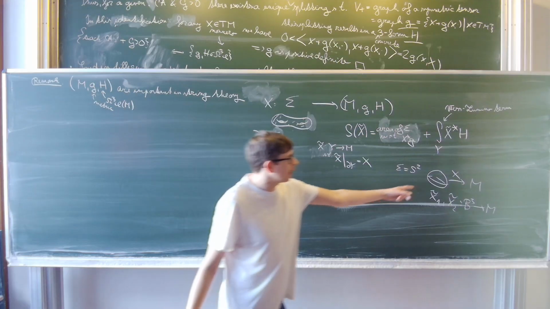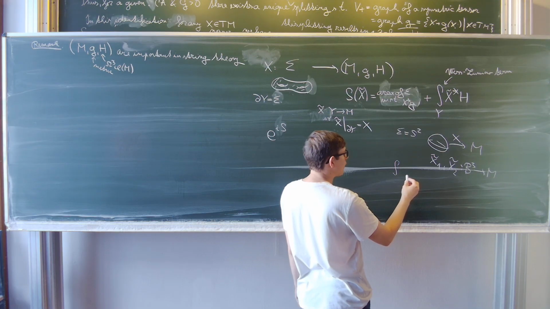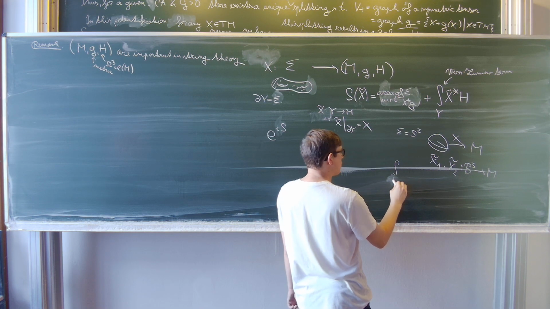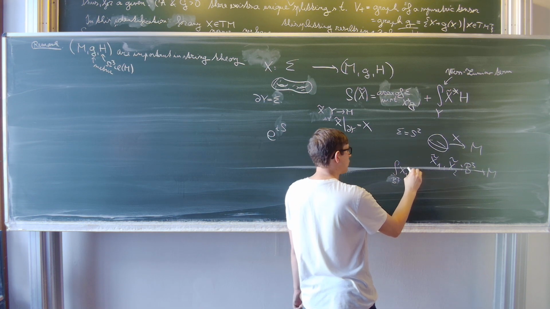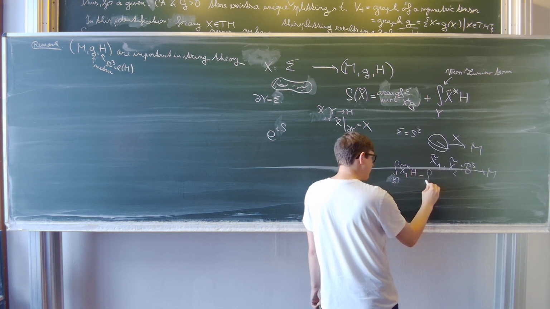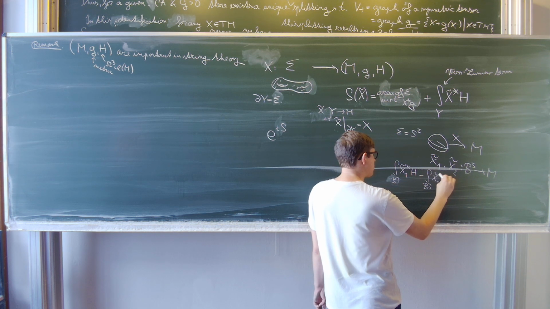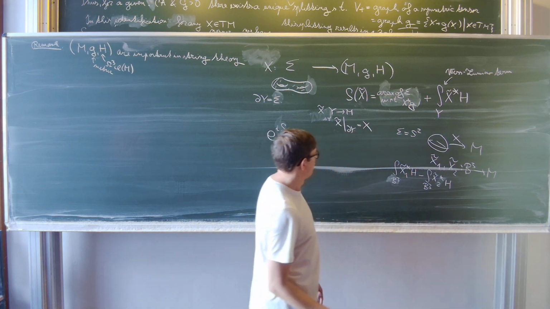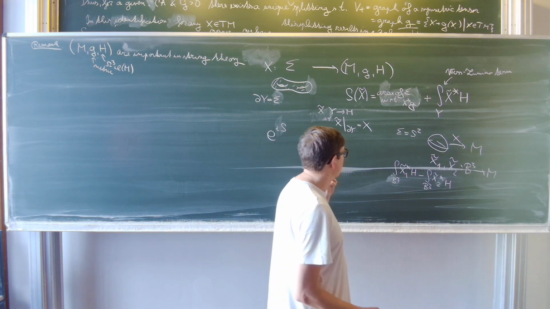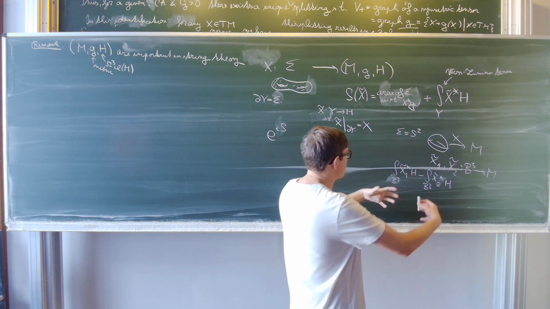If I fix two different ways to extend this, then the claim is that if you now compare them, the integral over B3 of X1 tilde star of h compared to the other one, X2 tilde star of h, then because of the nature of the problem, I can see this as a map from a three-sphere.